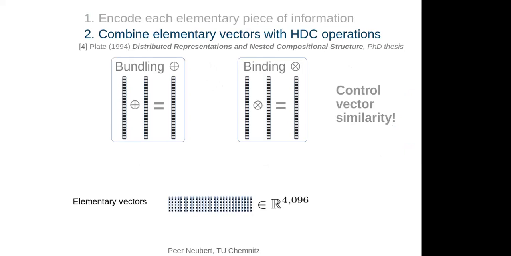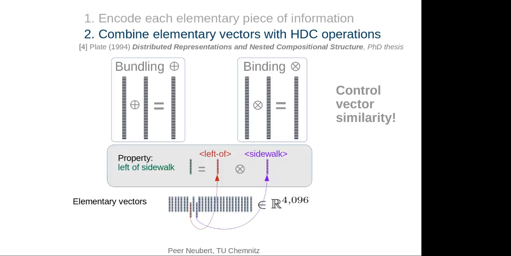And here the concept is to have those elementary vectors and then iteratively, incrementally build up higher level representations using those two operations. So for example, if we have a property that some entity is left of sidewalk, we just take those two elementary vectors, bind them, and this new vector is now the property left of sidewalk.